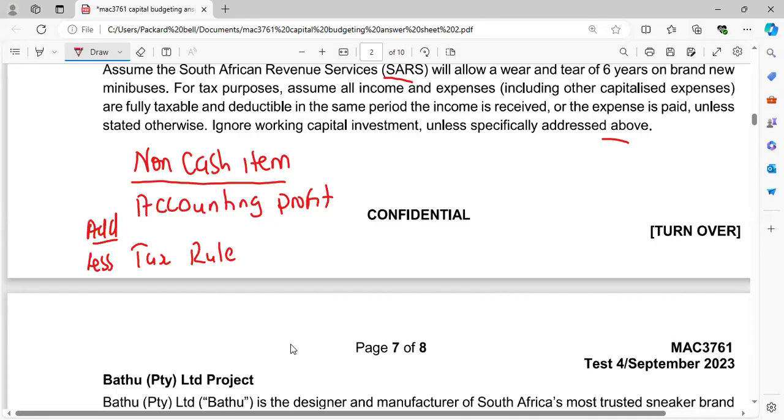So there is a difference between accounting profit and tax. Those capital allowances, we want to arrive at taxable income. That's why we apply them there, so that we can tax that income. I don't know if it is getting in on you, because depreciation is accounting. So we need to add it back so that we can apply the tax rule to arrive at the taxable income.